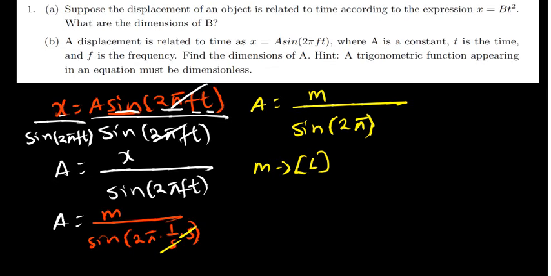So we're going to say that our A is going to be equal to L, then divided by what? Sine 2 pi.